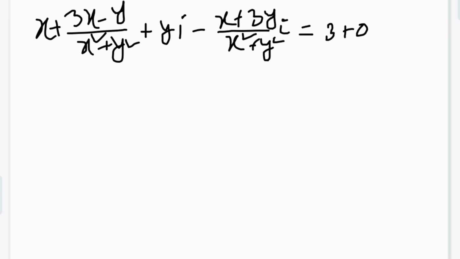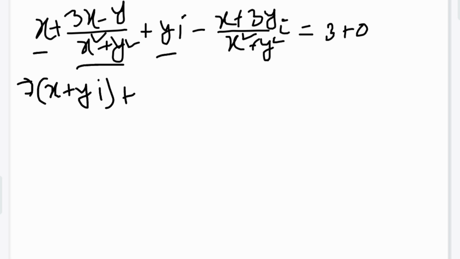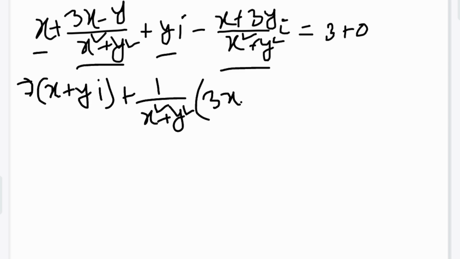All right, so guys, next line is x plus, so we are going to write this x and y together, plus, and from these two terms we can take 1 over x square plus y square common out. So we are left with 3x minus y, minus, so notice here this i will be multiplied with this x and 3y both.